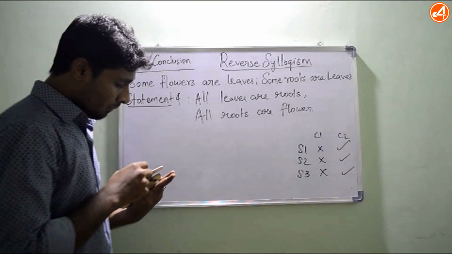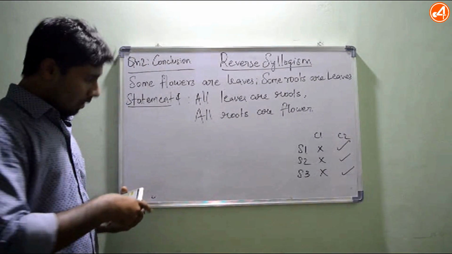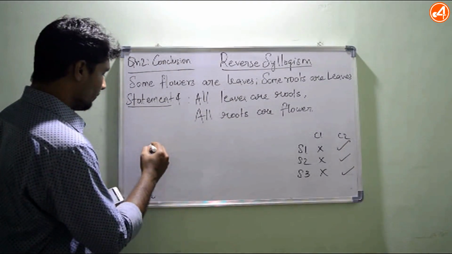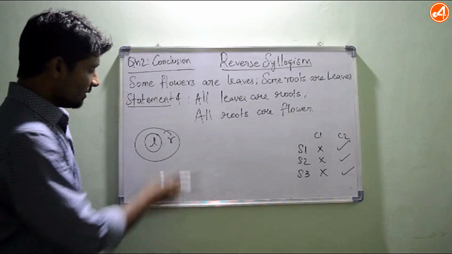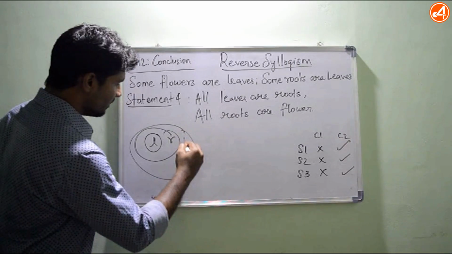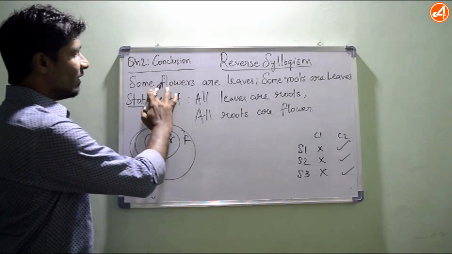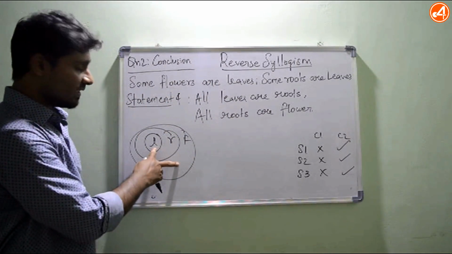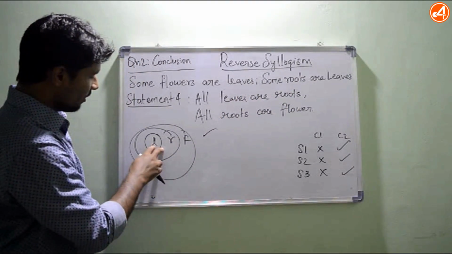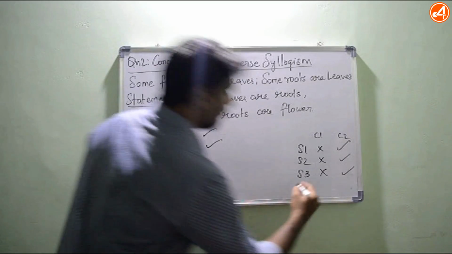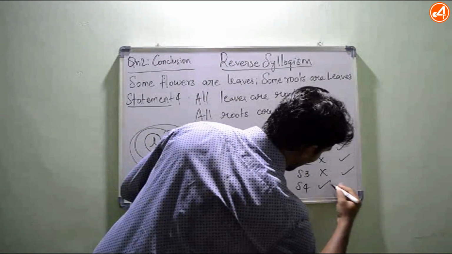This is statement 4. And again check with this one. All leaves are roots. So draw the diagram. All leaves are roots. Again, all roots are flowers. Please check with the conclusion. Some flowers are leaves. Is it true? Good, true. Some roots are leaves is also true. So statement 4 is true in both the cases.